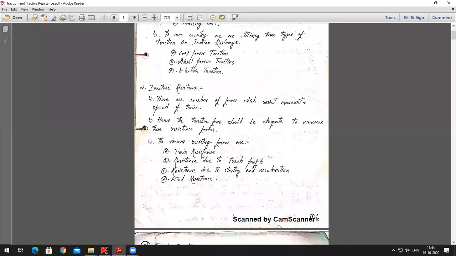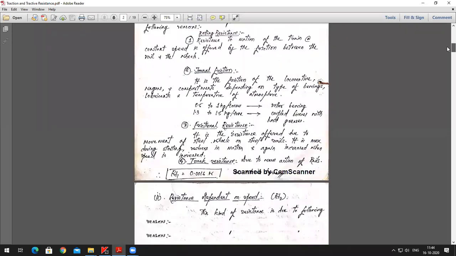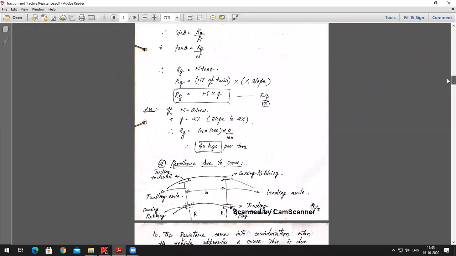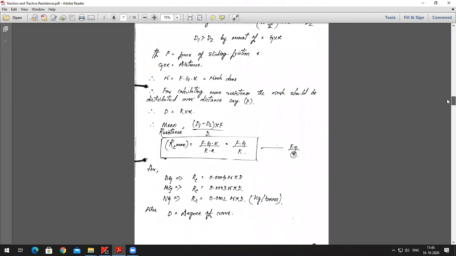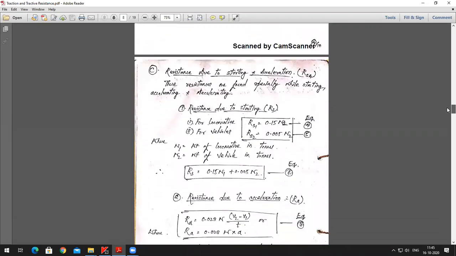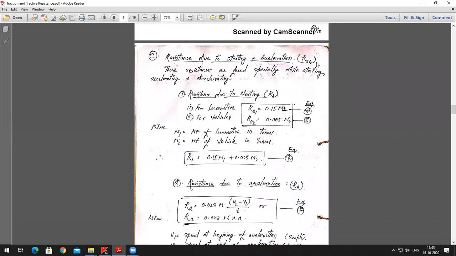We studied train resistance and then resistance due to track profile, which includes gradient and curve. Now we shall be discussing resistance due to starting and acceleration. This resistance, which is dependent upon starting and acceleration of the train on the railway track, is divided into two parts. One is resistance at the starting process, and the other is during the acceleration process.